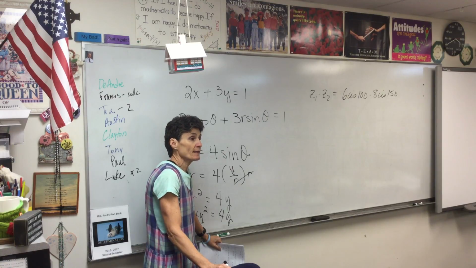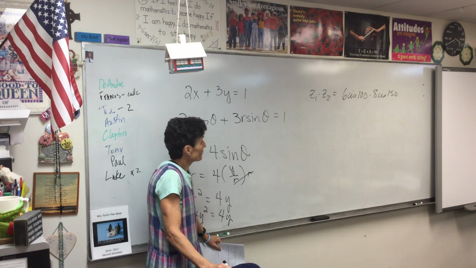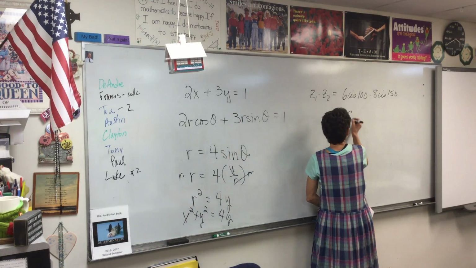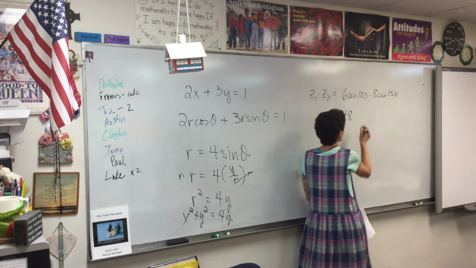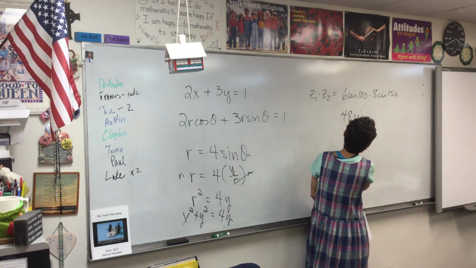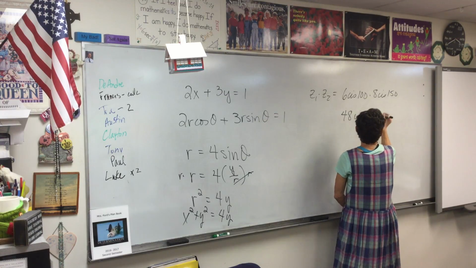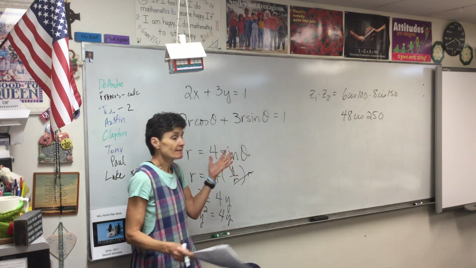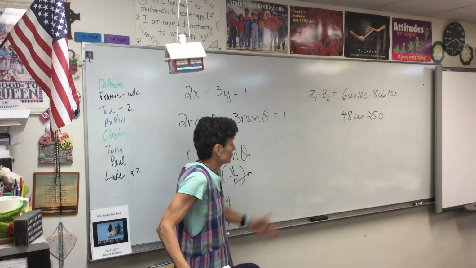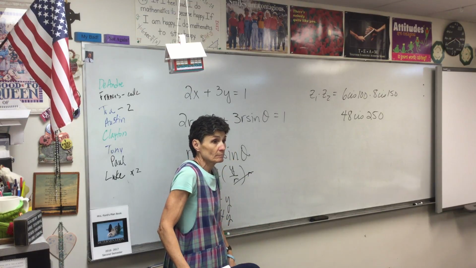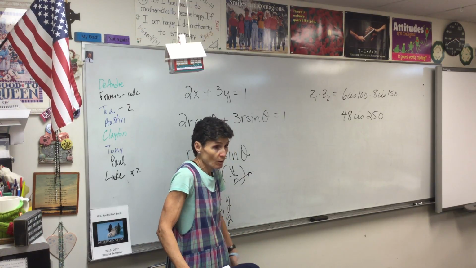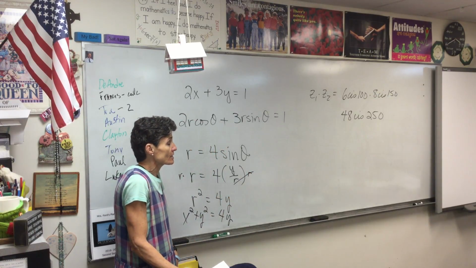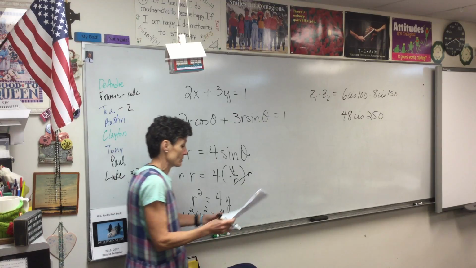The rule says multiply the r's and add the angles. Is there anything wrong with that angle? Is 250 okay? Yeah, 250 is fine. So I'm done. That's the answer. I multiply the r's and I add the angles.